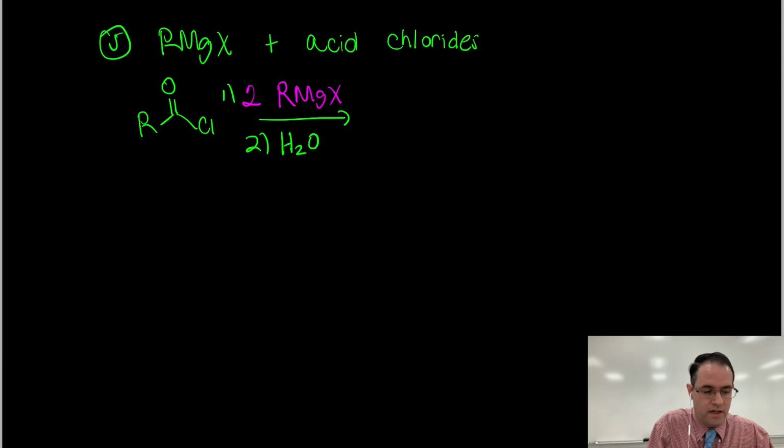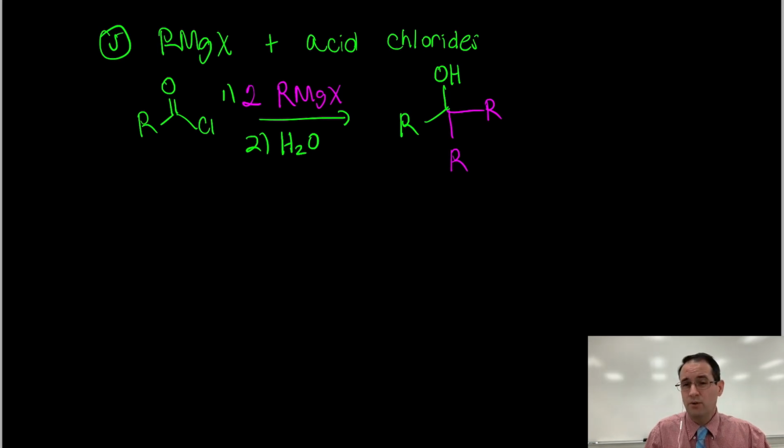Step 2 is to add water. What you get here is a tertiary alcohol with 2 additional carbon-carbon bonds being formed. So this is a carbon-carbon bond forming reaction. You really want to pay attention to that.